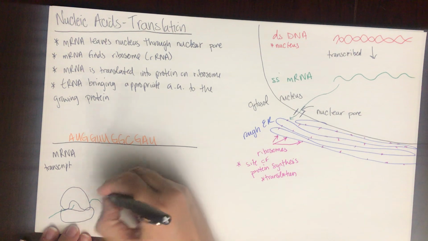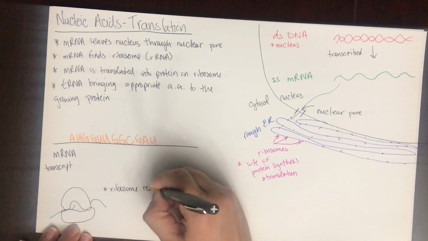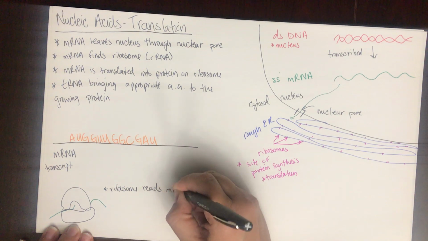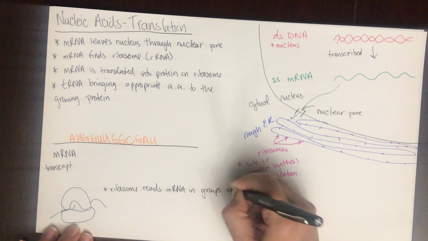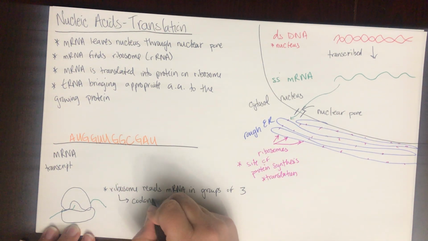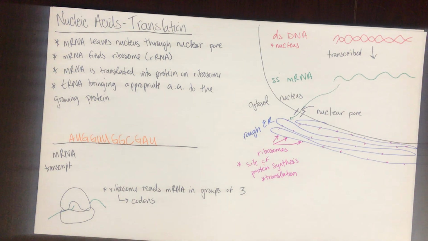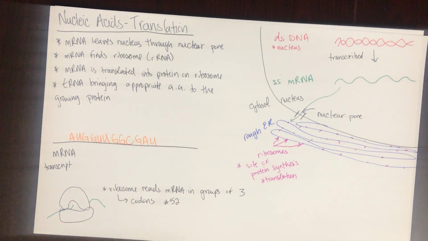The ribosome reads messenger RNA in groups of 3. These groups of 3 are called codons. There is a codon chart on slide 52 of this last lecture, and it shows the 3-letter code for each amino acid.